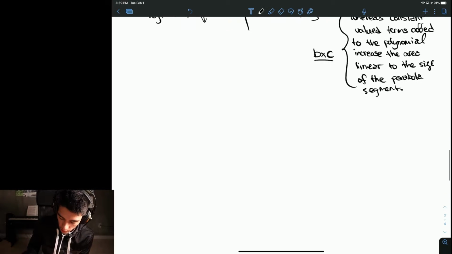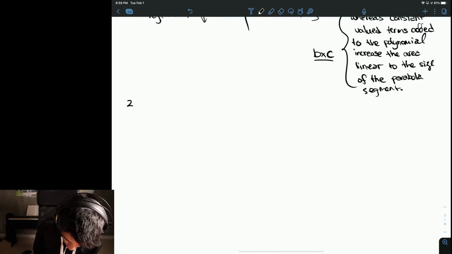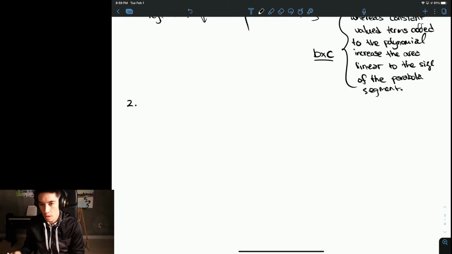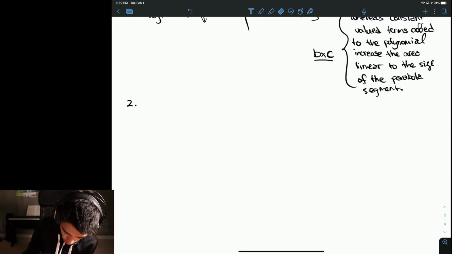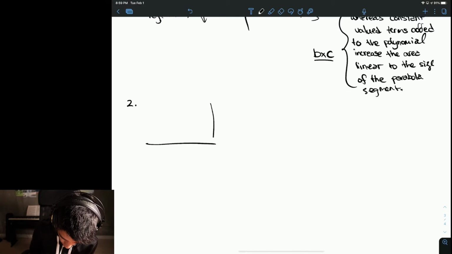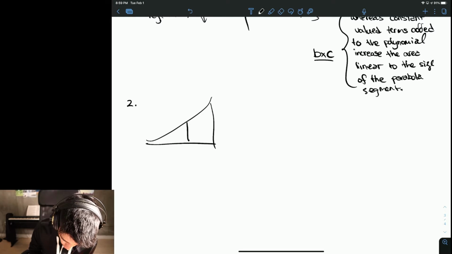Okay, now we're on to question 2. Question 2 says, modify the region of a parabolic segment by assuming that the ordinate at each x is x cubed instead of x squared. Draw the new figure, and then there are sub-questions. Here's the parabola. The ordinate's just the height of the parabola at any given x.